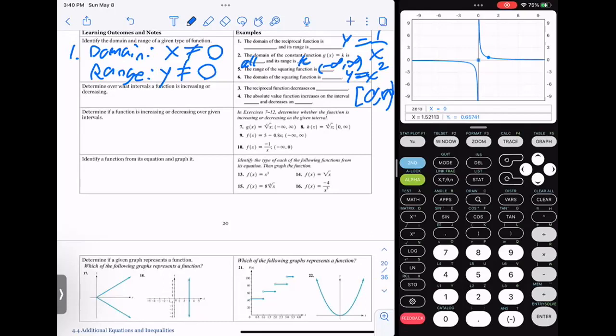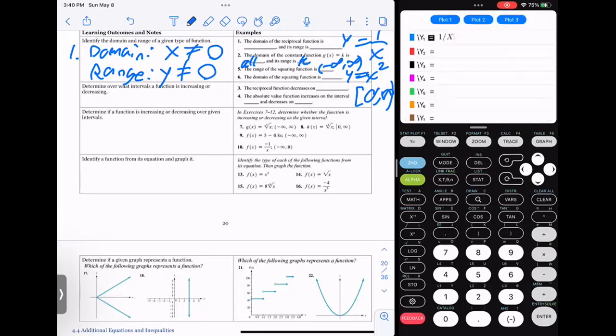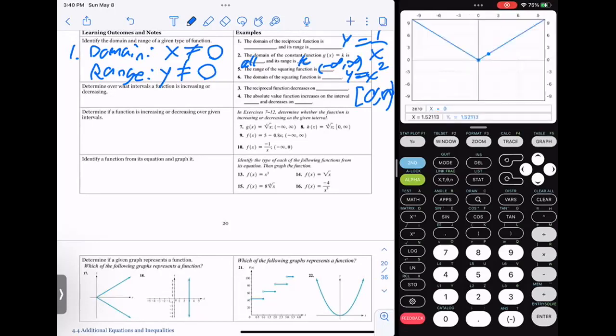All right. If we looked at the absolute value function, which is the absolute value of x, it looks like that shape. Yep. Can you tell me where it's increasing and decreasing?